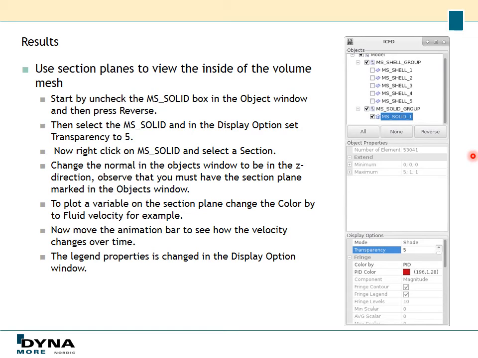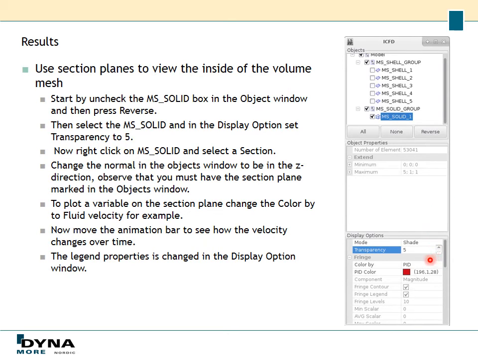and change the normal of the section to be in the Z direction, either here in the object properties or in the graphical window. Notice that you have to have the section plane activated to view the object properties and change the normal.